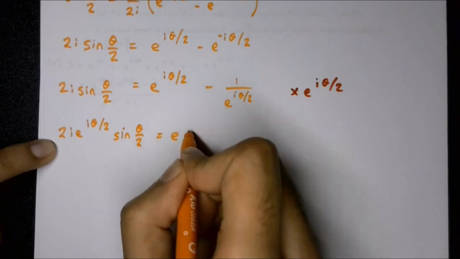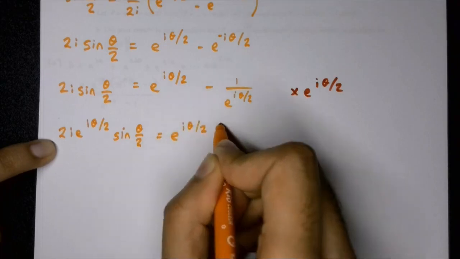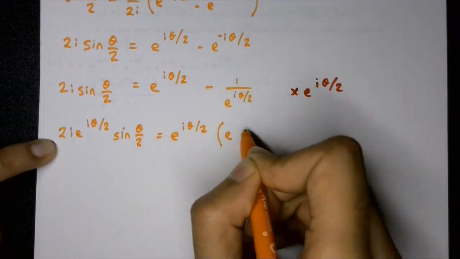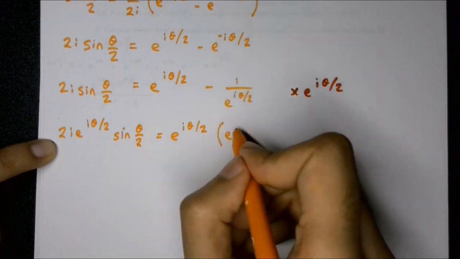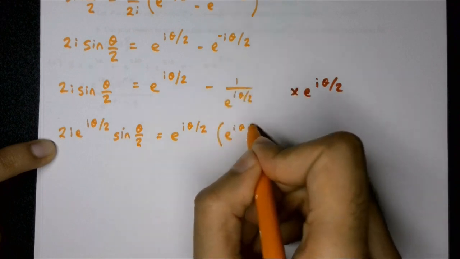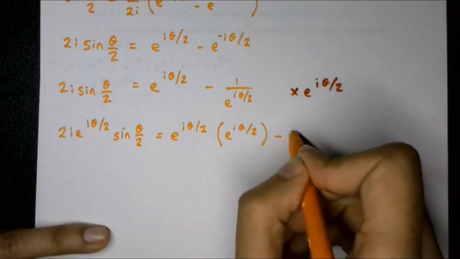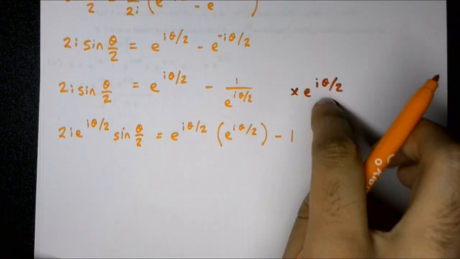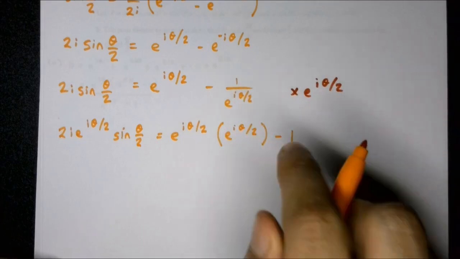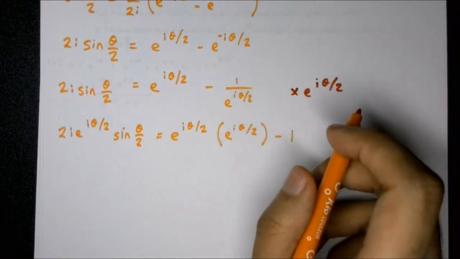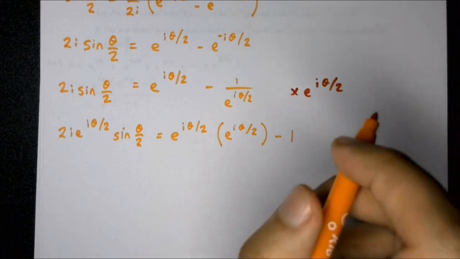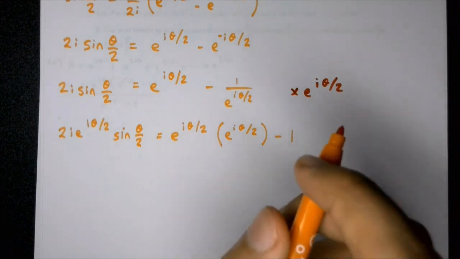This is equal to e to the i theta over 2 multiplied by e to the i theta over 2. And then we subtract off 1 because this term times by this just gives the 1. So we can tidy this up a little further.